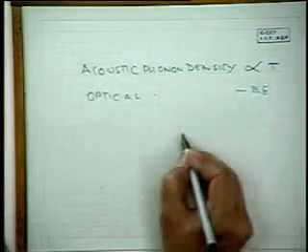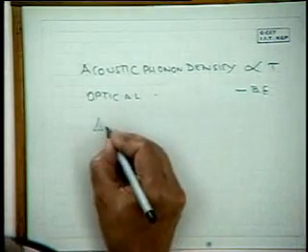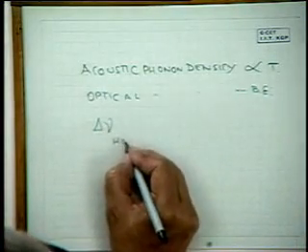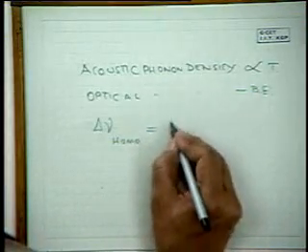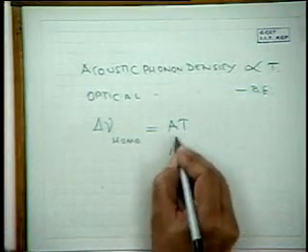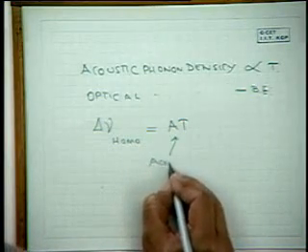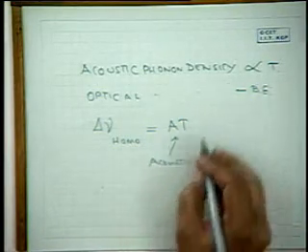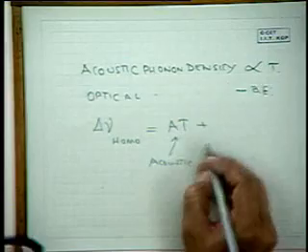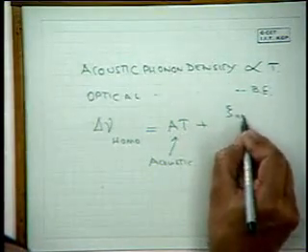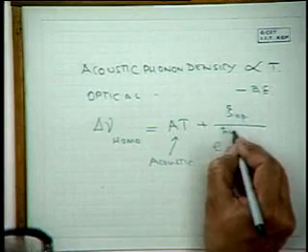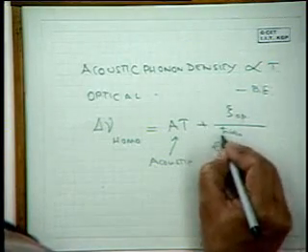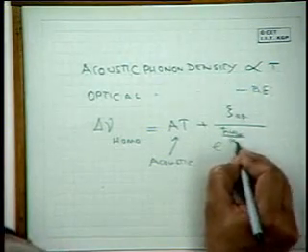So we can say that the homogeneous broadening delta nu homo has two components. One is due to acoustic phonons, which is proportional to temperature, and the other part is due to optical phonons, with H cross omega L0, the optical phonon energy, over KBT minus 1.